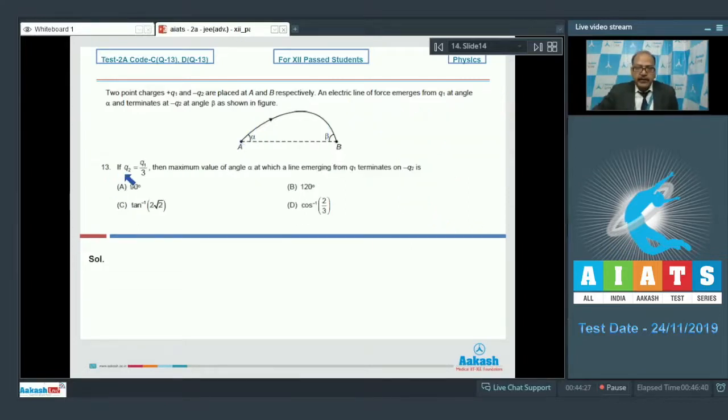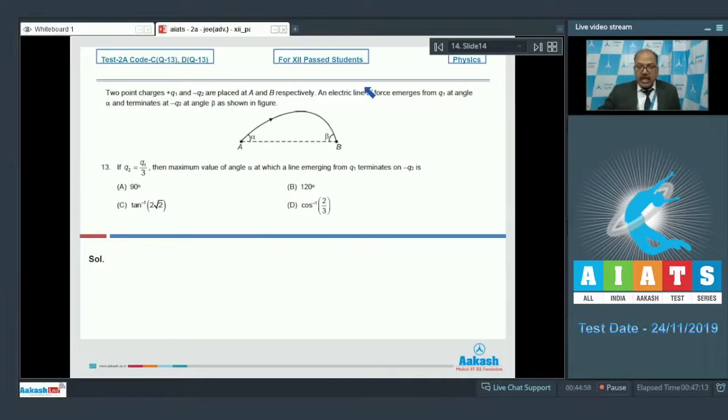Question 13 says if Q2 is equal to Q1 by 3, then maximum value of angle alpha at which a line emerging from Q1 terminates on minus Q2 is. Well, the maximum value of angle beta can be 180 degree, and corresponding to angle beta 180 degree, we have to find the angle alpha.